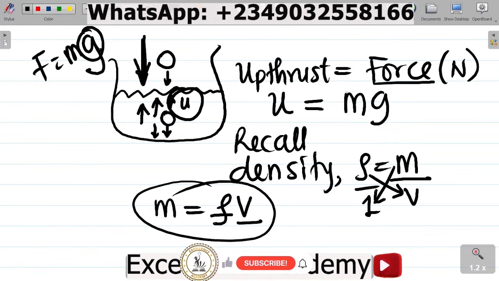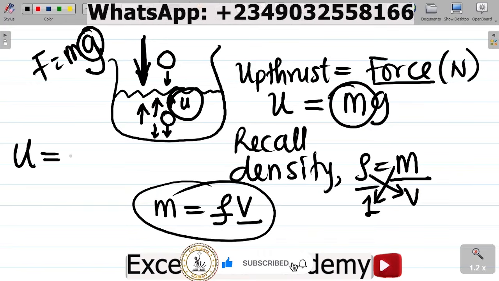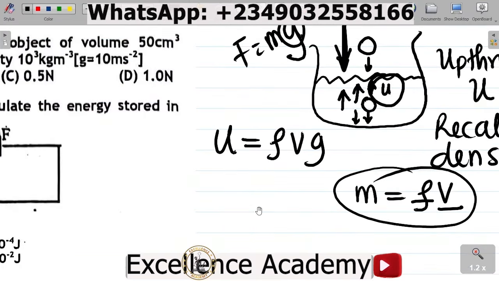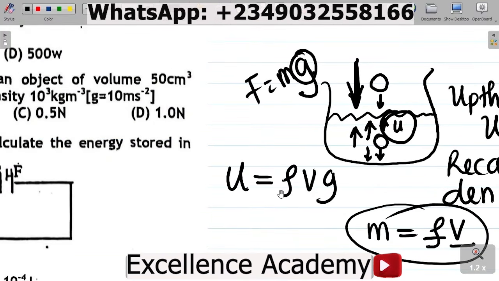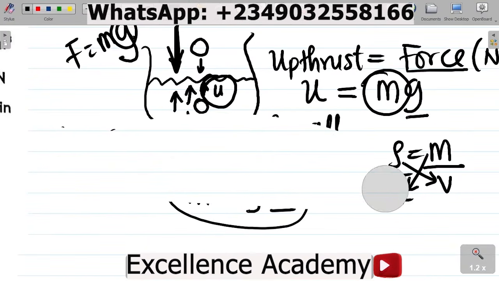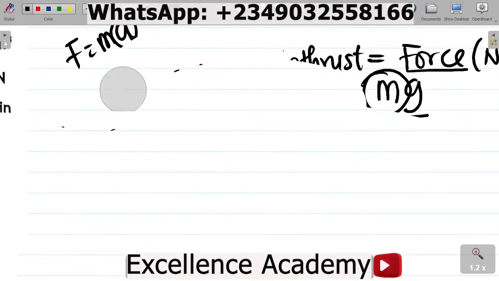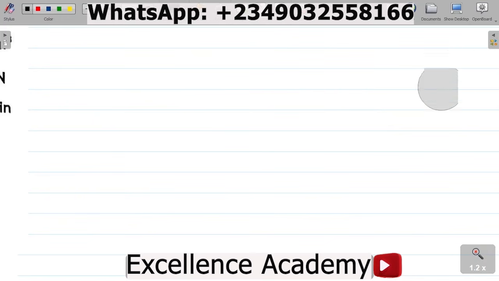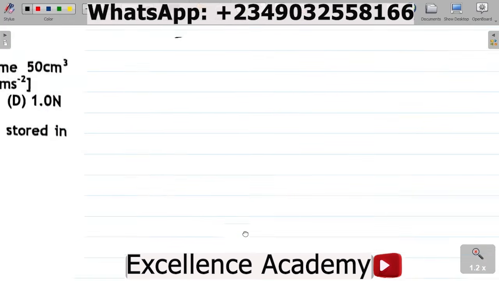If I bring this into the equation, U, upthrust, is equal to density times volume times gravity. So we can calculate upthrust by multiplying density with volume and then with gravity. Let's use this formula to solve this question: upthrust equals density times volume times gravity.